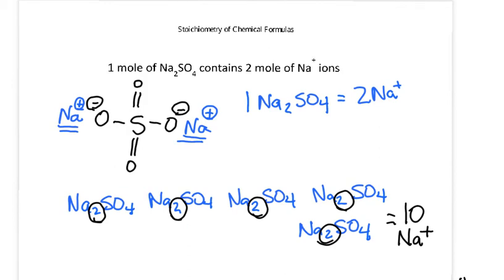The same thing happens if we were to go all the way up to a mole. Remember that mole is just a number. It means instead of having just 1 sodium sulfate unit, we have 6.02 times 10 to the 23rd sodium sulfate units. But that ratio of 2 to 1, 2 sodium ions for every 1 sodium sulfate unit, doesn't change.